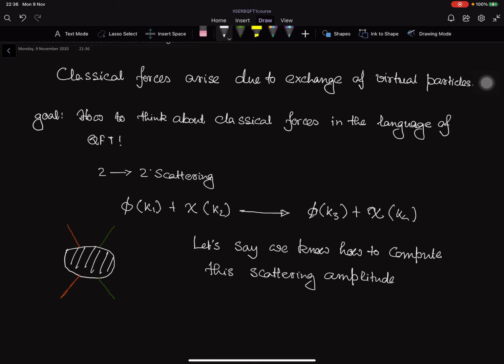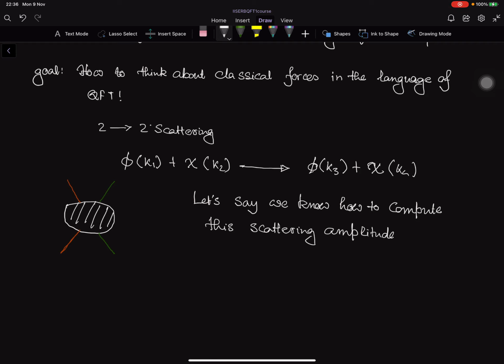Okay, we will give some examples, but for the sake of generality, let's say this is the scattering and we know how to compute it.